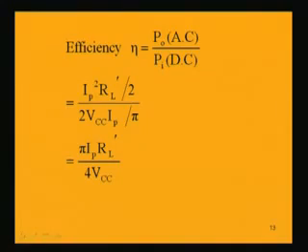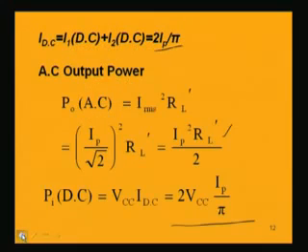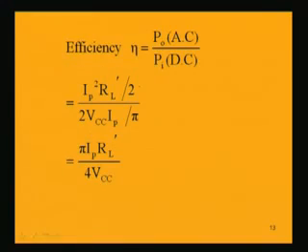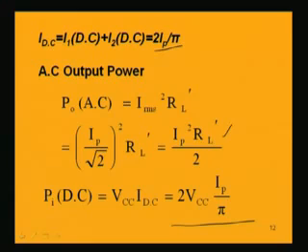Just by substituting the values of P naught AC and P in DC: P naught AC is IP square RL dash by 2, so we replace that here, and P in DC we have twice VCC into IP by pi.